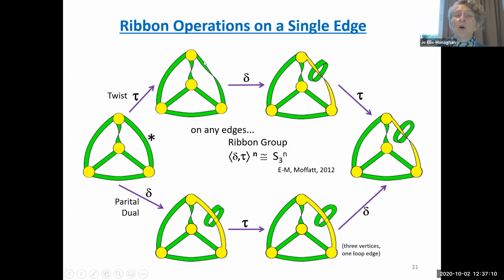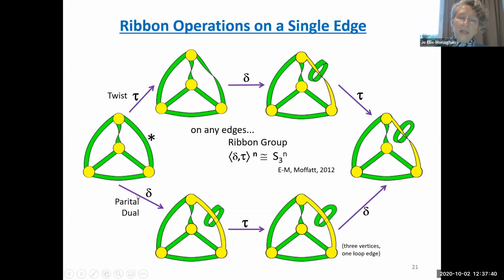If you now take the partial dual of it, it merges the 2 vertices and puts in the perpendicular edge. All right. And now you twist again. It's a little subtle here, but see this region right here? That got the twist. Okay, so from here to here, the loop got a twist in it.